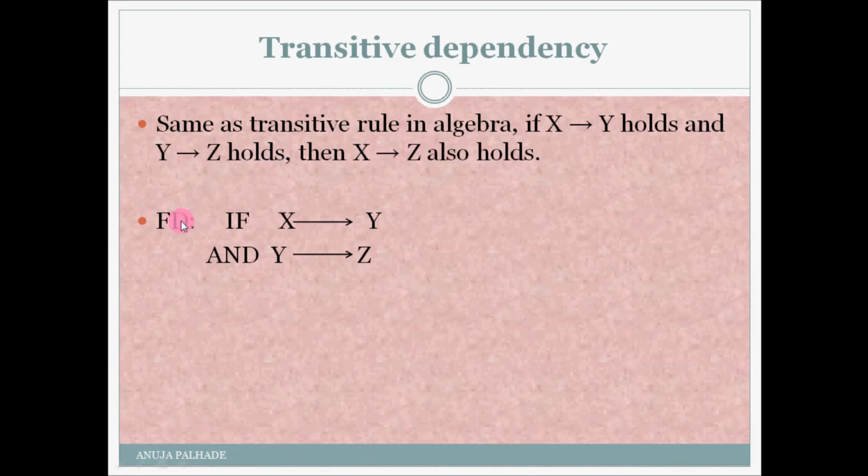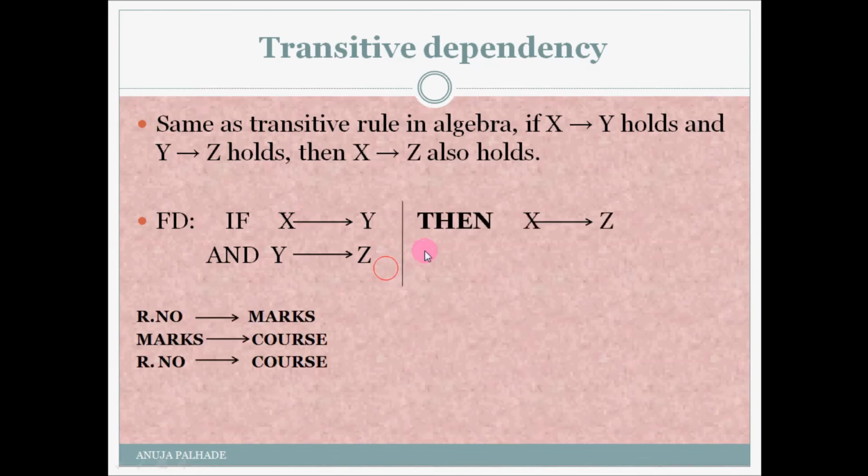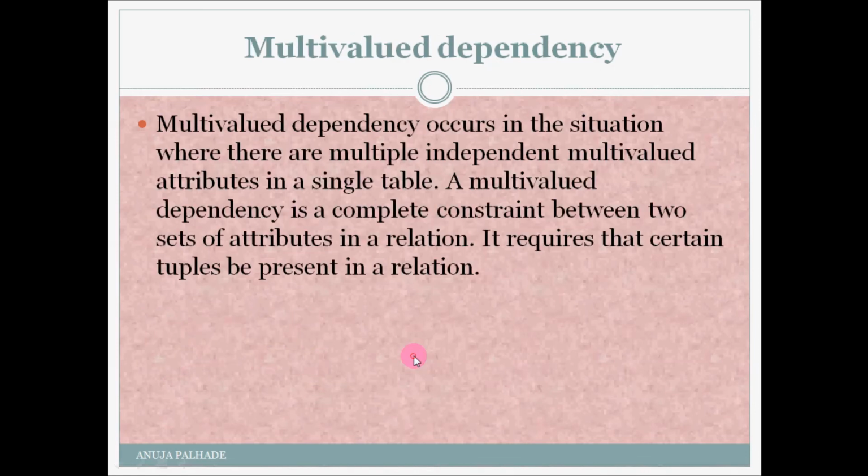In symbolic format, if X determines Y holds and Y determines Z holds, then X determines Z. For example, if roll number determines marks and marks determines course, obviously roll number determines course. So this is the transitive dependency.